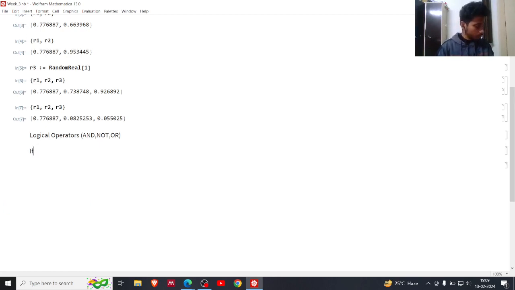The If operator has this syntax: If[test, operation 1, operation 2].